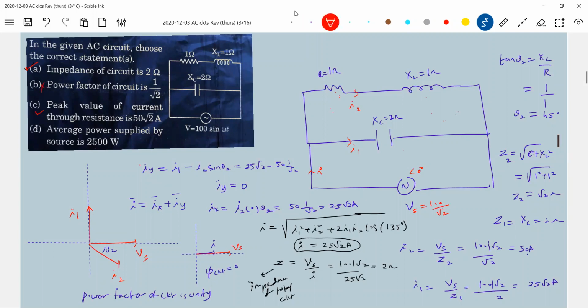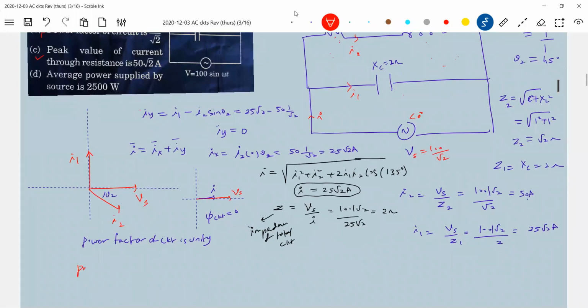Next, the average power supplied by the source. What to do? Average power is VRMS into IRMS. I already calculated the current, and Vs we know. That is the applied voltage and applied current.